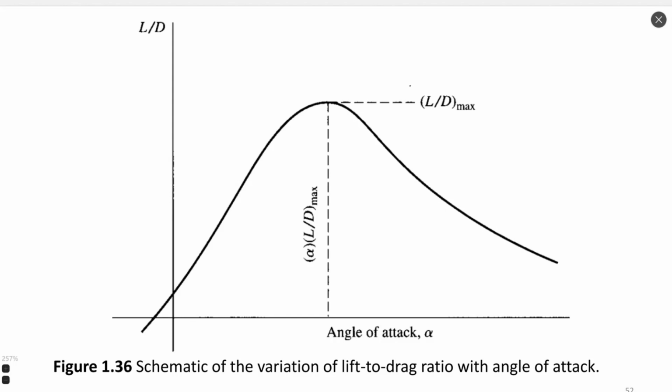Usually, this angle of attack of maximum lift to drag ratio is small, between 0 and 7.5, 0 to 10 maximum. For each specific airfoil or wing, this value is different, but it can always be obtained numerically when you have data for lift coefficient and drag coefficient.